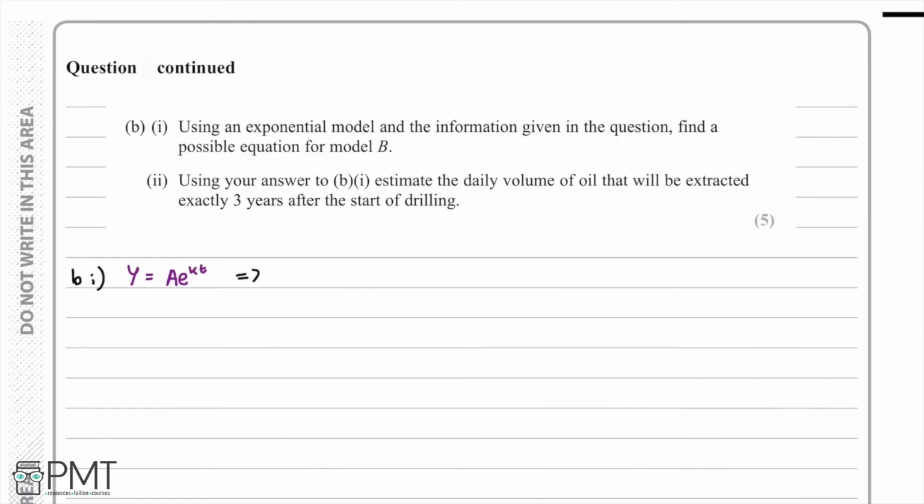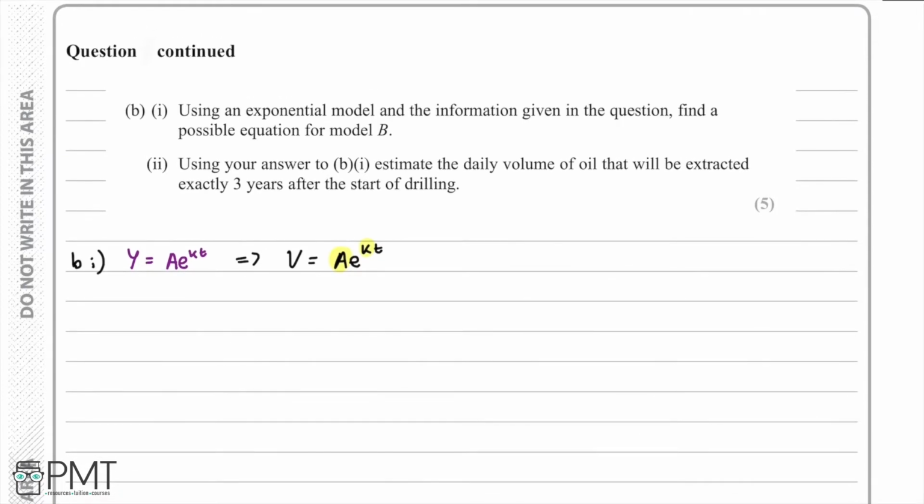So we therefore have this. V is going to be equal to ae to the power of kt. And what we now need to do is work out the constants a and k, and then this will give us the equation for model B. So using the information we were given in the question, we know that when t equals 0, v is going to be equal to 16,000.